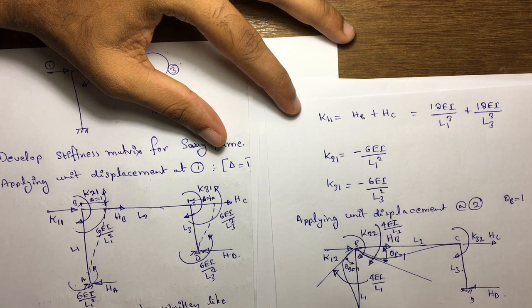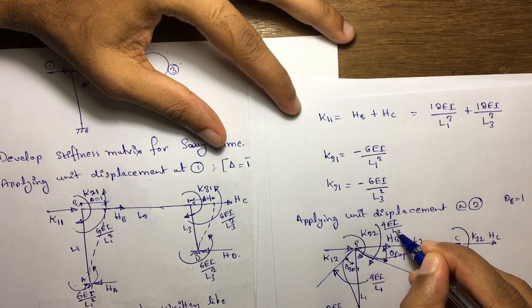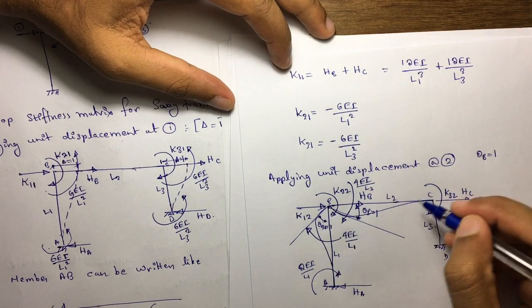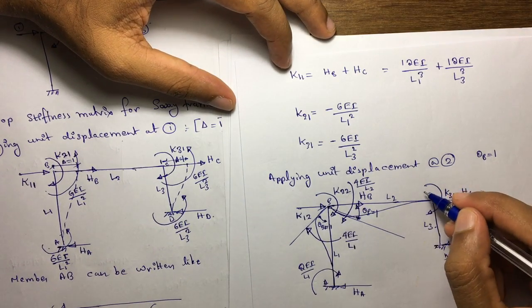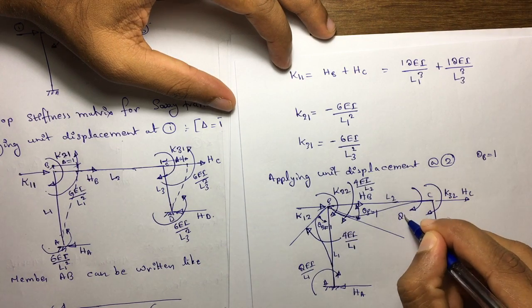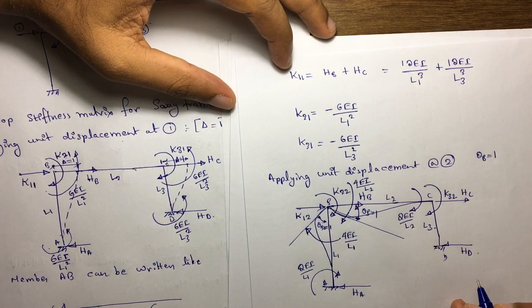On the other point, same clockwise moment, 2EI divided by L1. So here 4EI divided by L2, and on the other point or far end, again same clockwise, but half of that one, that is 2EI divided by L2.